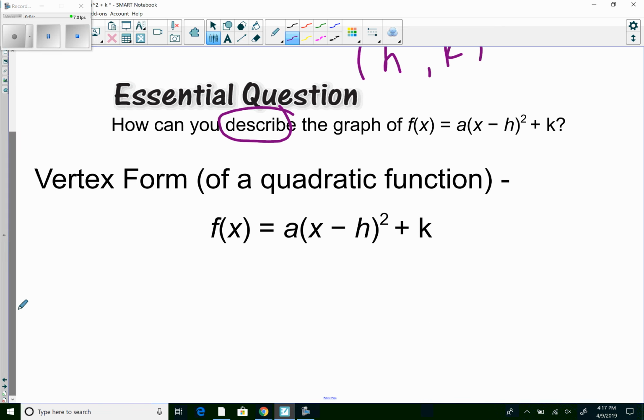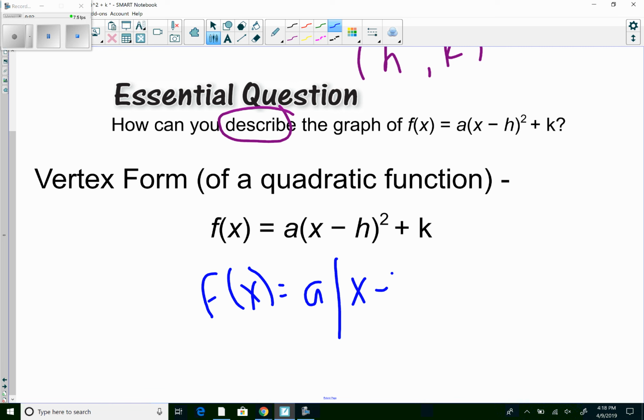And then again, vertex form, you guys, the definition, you're basically just rewriting the form. Now, some of you might be looking at this and thinking, I feel like I've seen that before. And actually, we have talked about this a little bit this year already, very briefly.